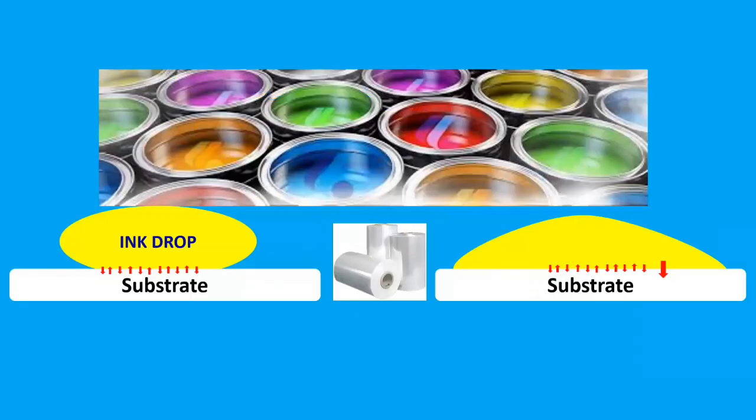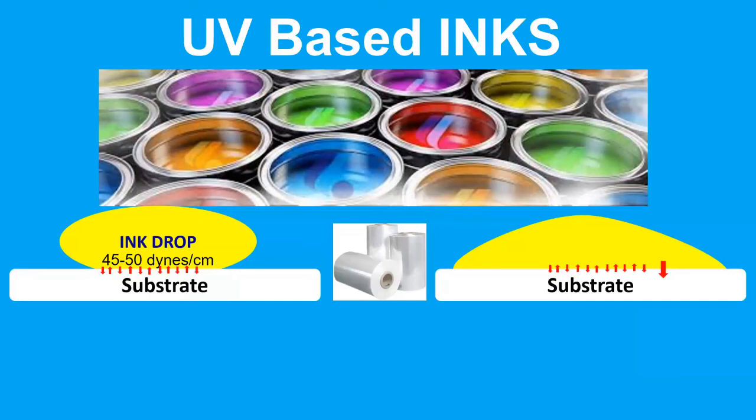When we are talking about UV inks, remember one very important point: UV inks already have higher surface tensions. So that is why we also need to use higher surface energy substrates.